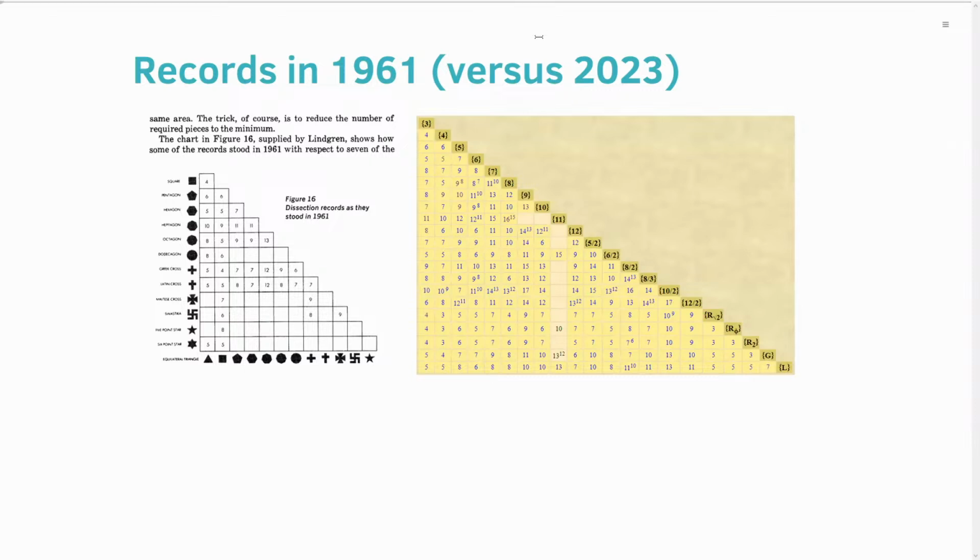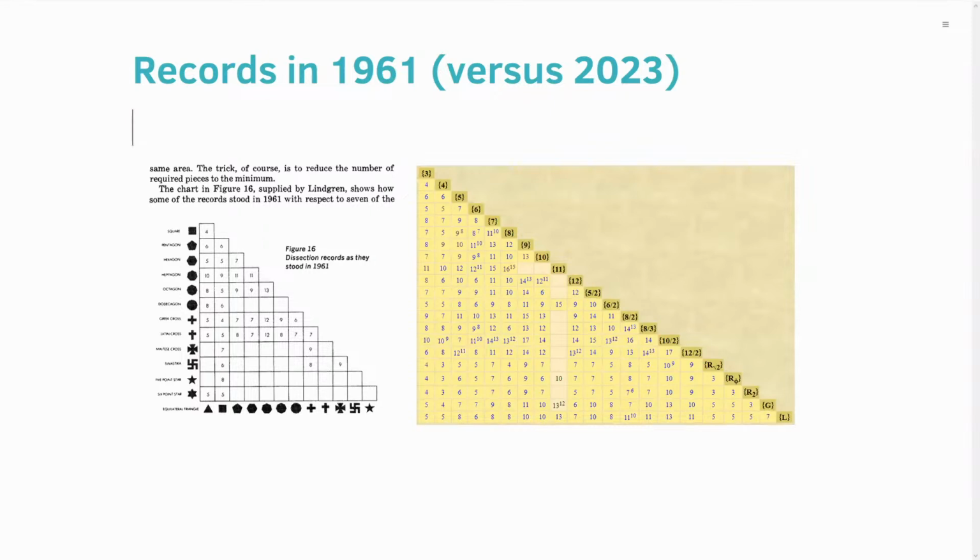So here's a snippet of Martin Gardner's column from 1961. In it, he listed the records that were known at the time. And I thought I would compare to the latest records from Gavin Theobald's site.